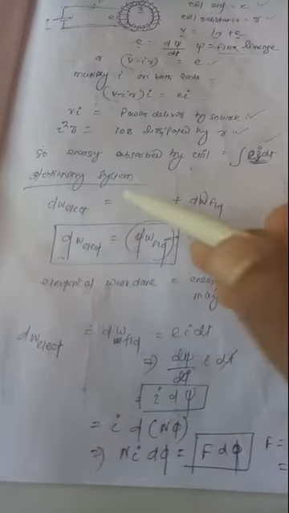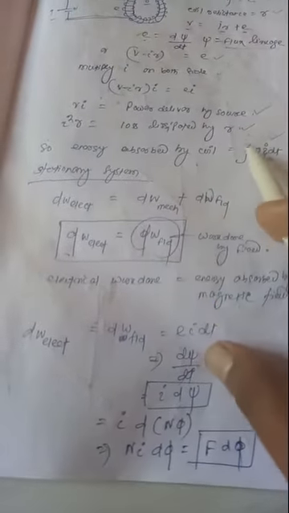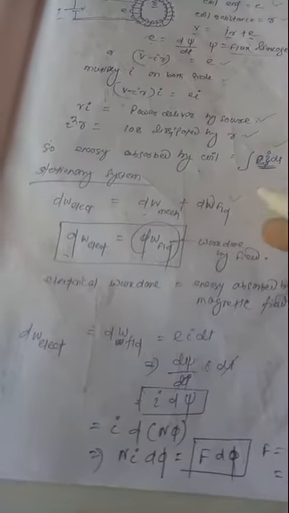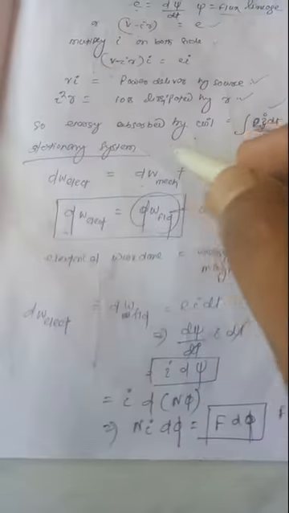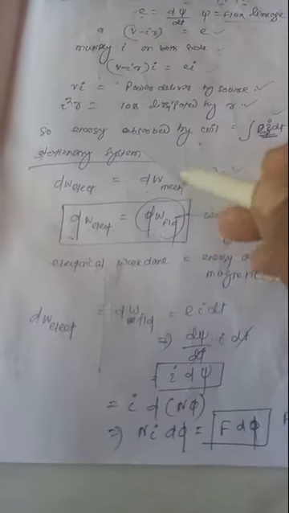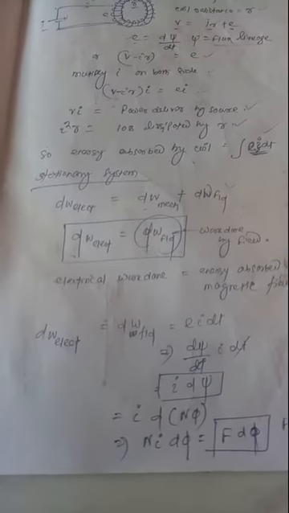So now consider a stationary system. This equation holds: dW electrical, the electrical energy input, will equal the mechanical energy output plus dW FLD, the general equation. FLD is the energy stored in the magnetic field. If you consider the stationary system, the change in mechanical energy, dW mechanical, is absent.